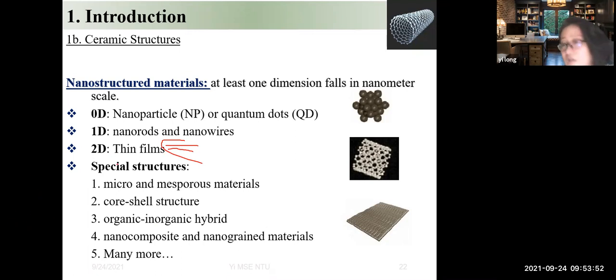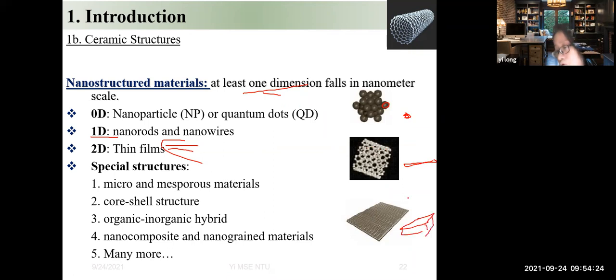Anyway, so nanostructure means at least one dimension falls into the nano range, like nanoparticles. Particles of this range are everywhere, in the nanometer range. So 1D is a nanorod, as we just said. You can imagine 0D is just a dot, 1D is like a pencil, and 2D is like a paper.